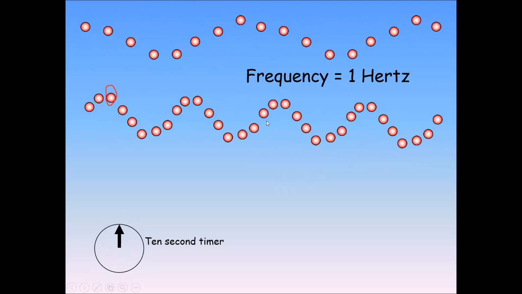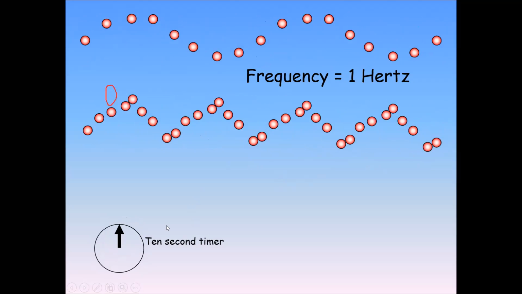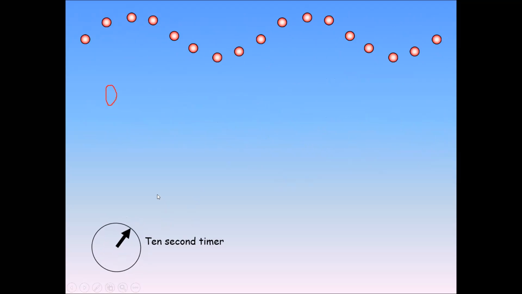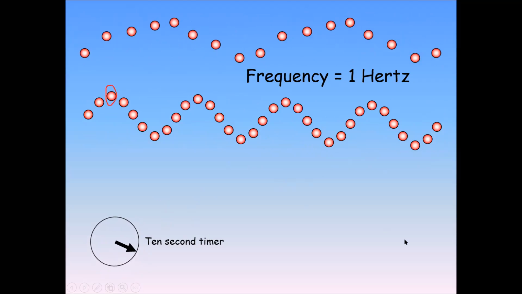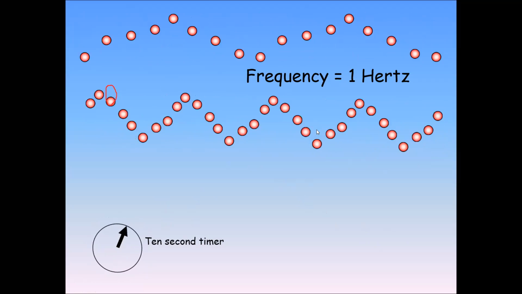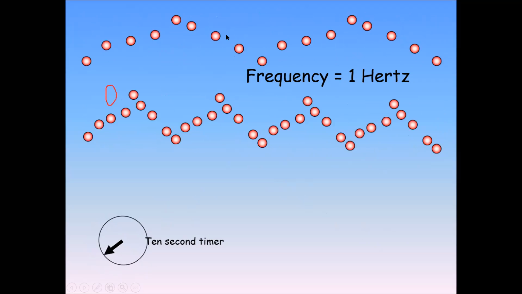So how many times did it vibrate in 10 seconds? Because this is a 10-second timer, it means after 10 seconds, the timer will stop. It's about 14 vibrations in 10 seconds.